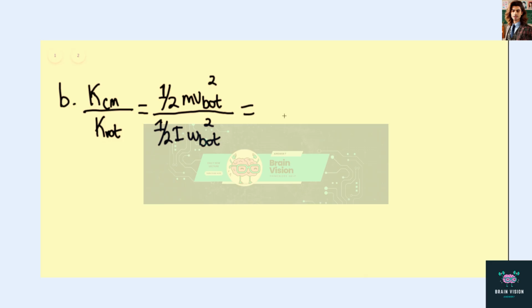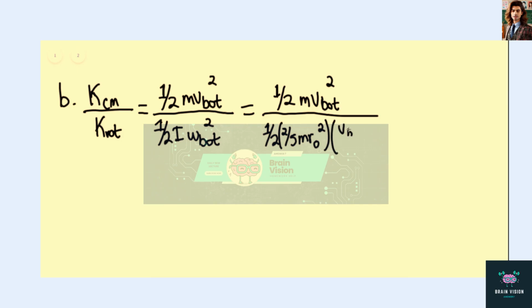This equals 1/2 mv sub bottom squared divided by 1/2 times 2/5 mr squared multiplied by the velocity at the bottom divided by the radius of the sphere, quantity squared. And we know that this equals 5/2. This would be our ratio for part B.